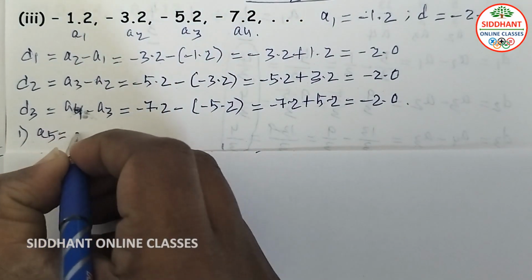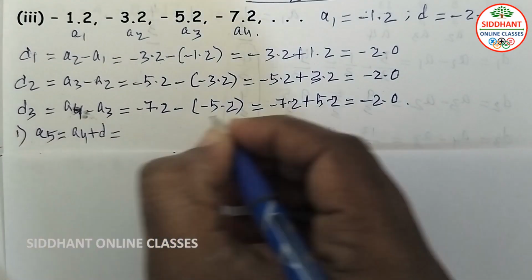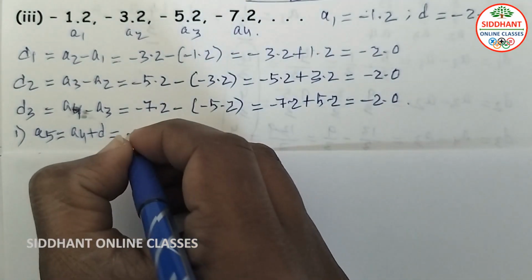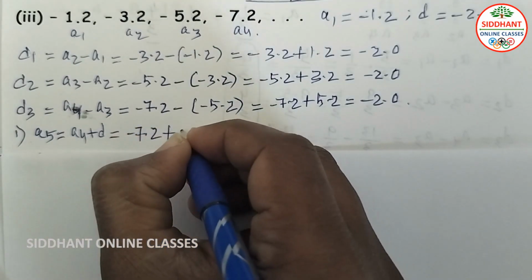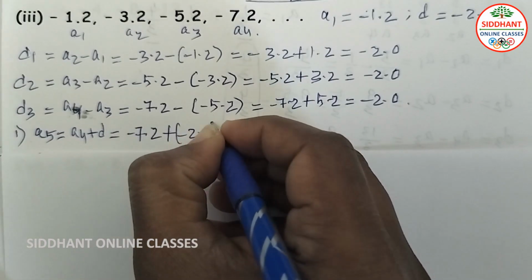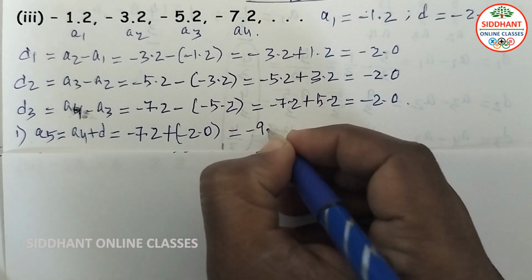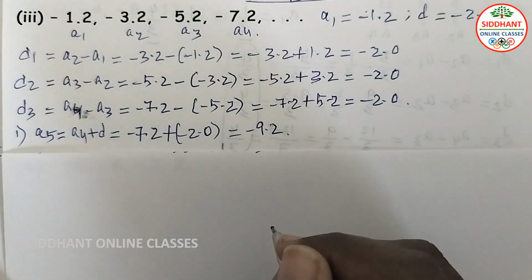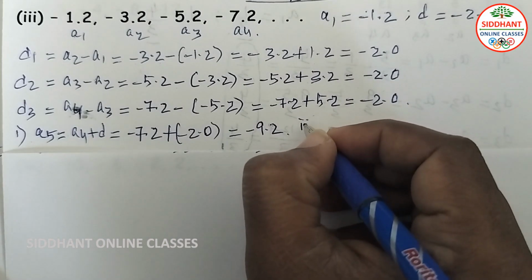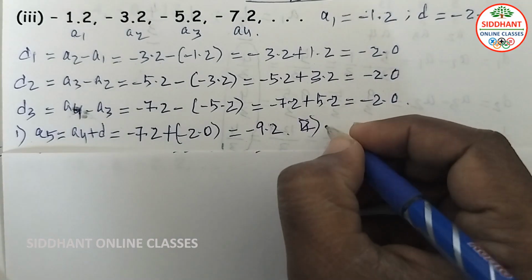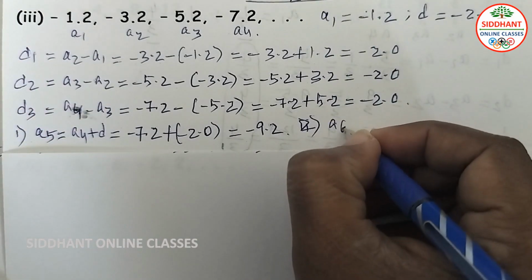A5 is equal to A4 plus D here. So A4 is how much? Minus 7.2 plus minus 2.0, that is equal to minus 9.2. Now the second one, which is A6.